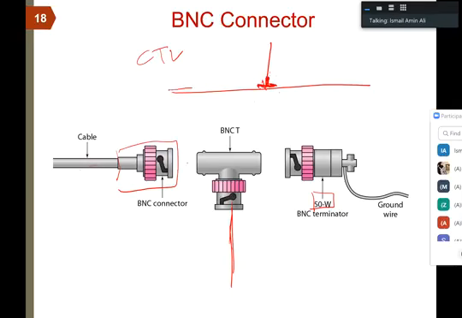So if you send a signal, and this side is open, what happens? What happens if this is not terminated? This is 50 ohm. The end is infinite because it's an open circuit. So what happens?